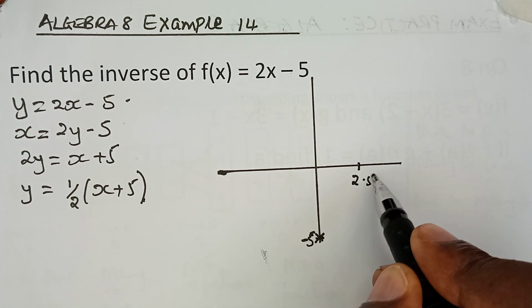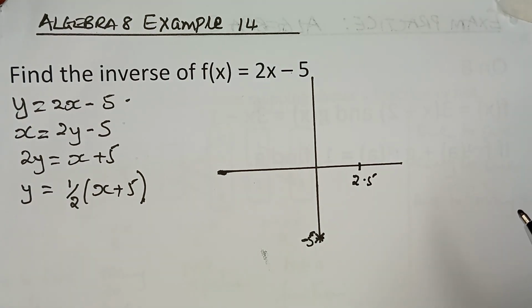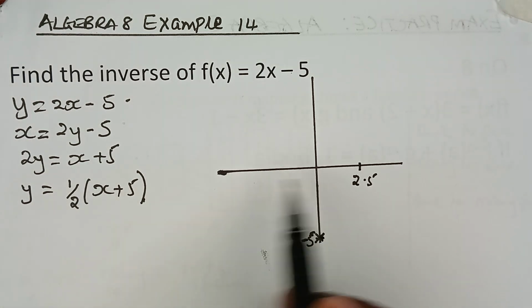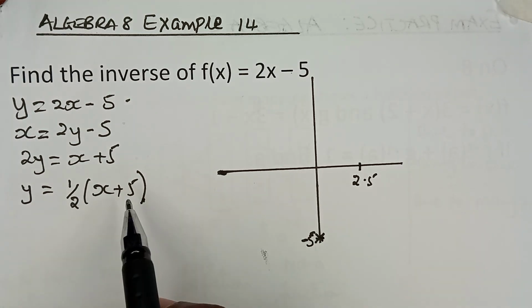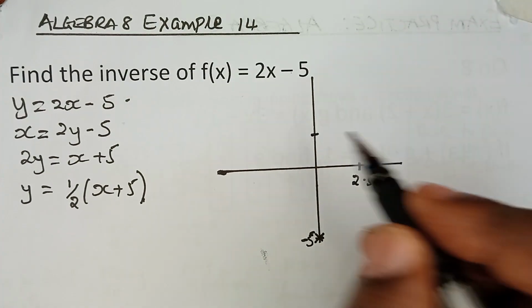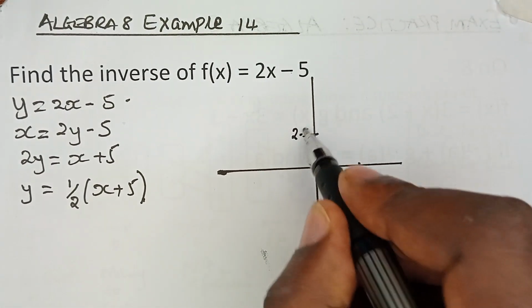This is 2.5. For this one, when x is 0, 0 plus 5 is a 5. And half of 5 is 2.5. So you can already see that you're going to have 2.5.